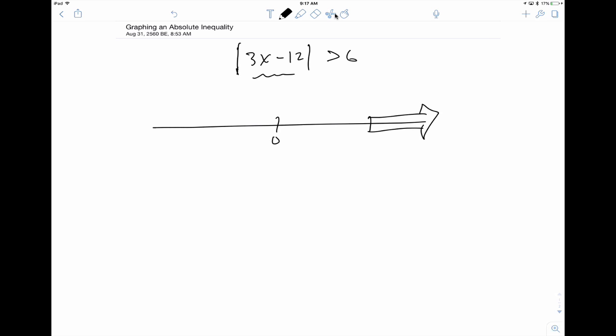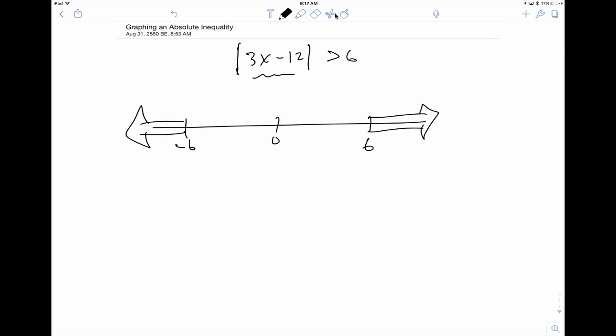3x, inequality of an absolute value of 3x minus 12, the absolute value is greater than 6, meaning that whatever that solves to be, from 0, it's all the numbers that are at least 6 away, on either side, minus 6.